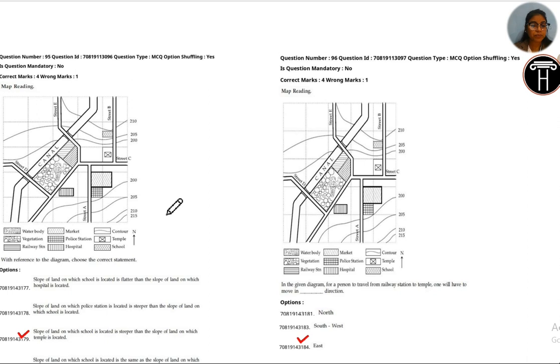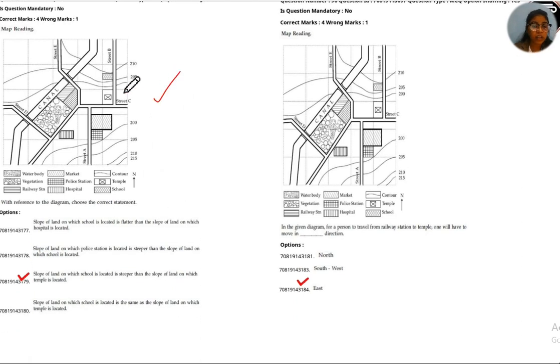Next question is a map reading kind of question. Okay, a map has been given to you. Fine. Contour lines, contour elevations are given to you. North direction is given to you. And legends are given to you for the water body, vegetation, railway station, market, police station, hospital, contour, temple, and school.